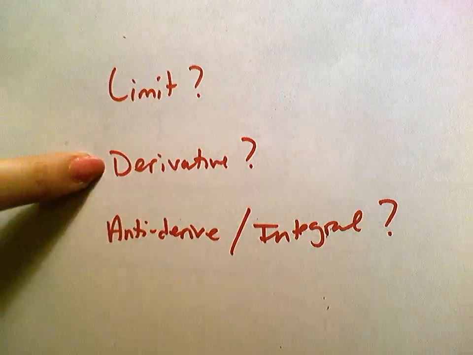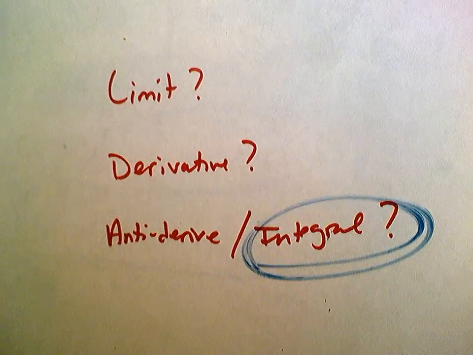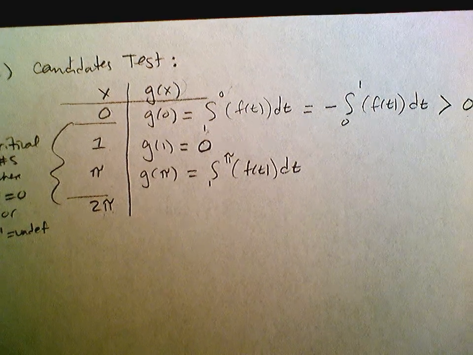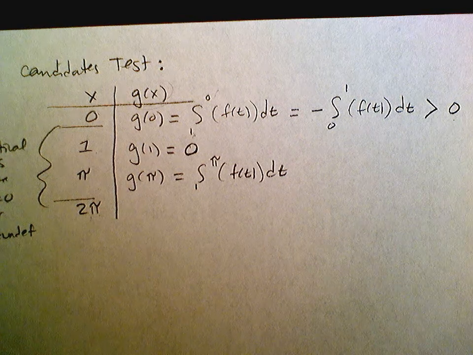We had to use the derivative for the candidates test, but now we're using integrals. Areas under the curve is what we're using. Let's look at the graph and see what we can say about it.